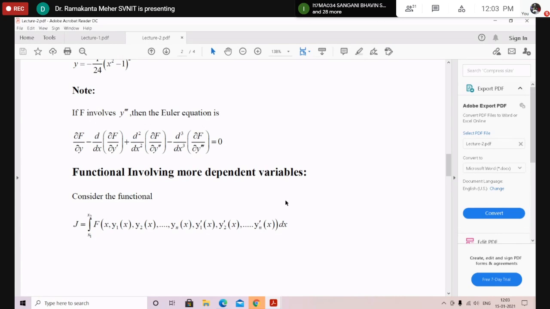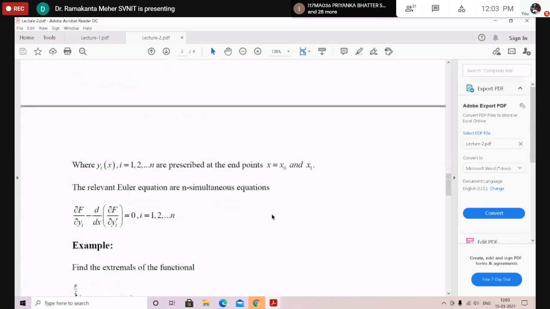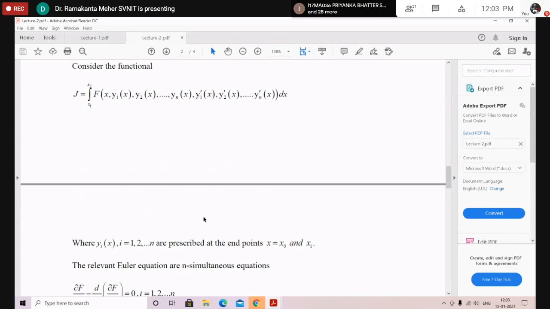So what happens to the Euler equation here? For one dependent variable, you get one Euler equation. Since here there are n dependent variables, we get n Euler equations.